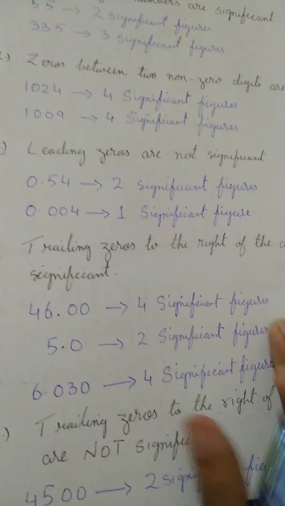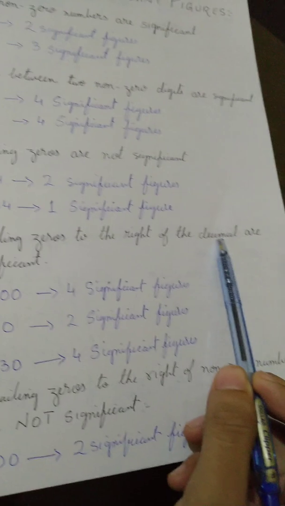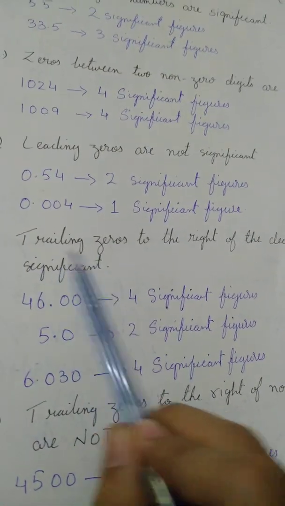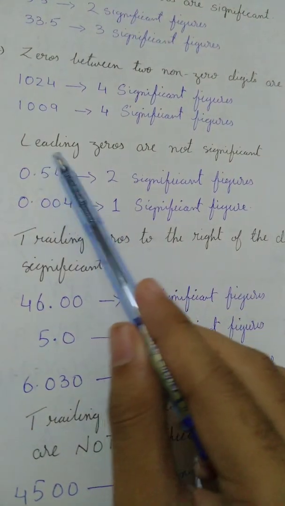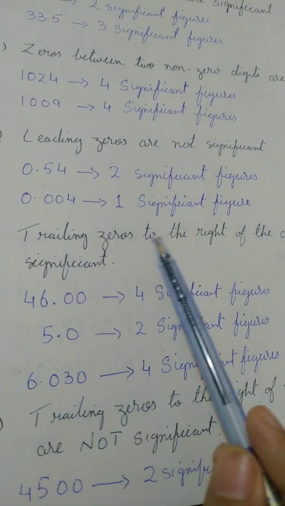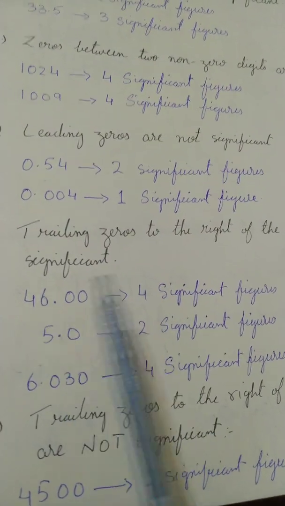Now rule number 4 says trailing zeros to the right of the decimal are significant. Trailing zeros are the complete opposite of leading zeros. Trailing zeros are the zeros which are coming at the end of the number, after the other digits.